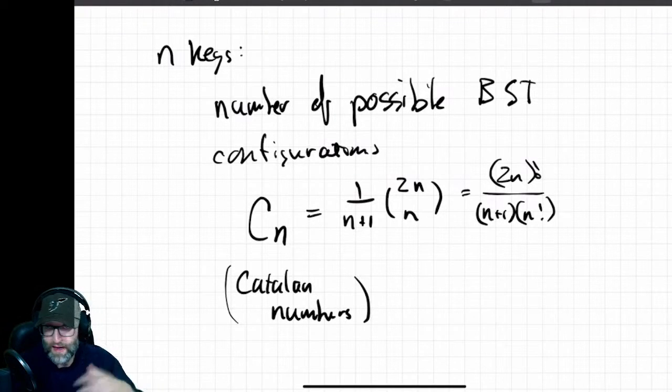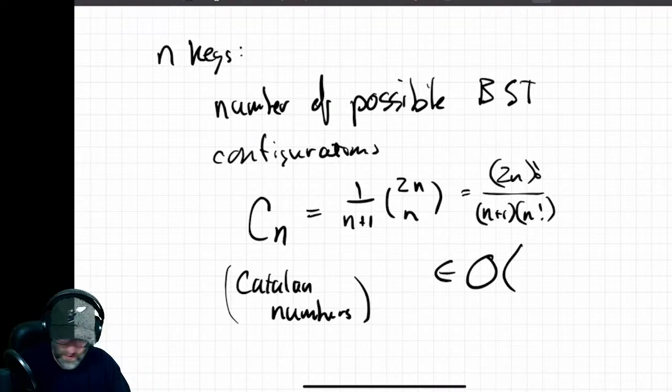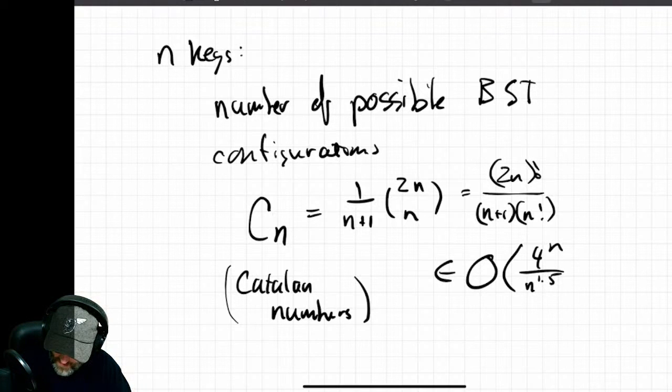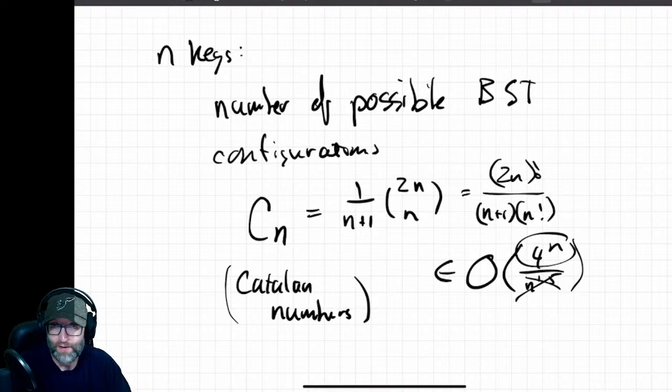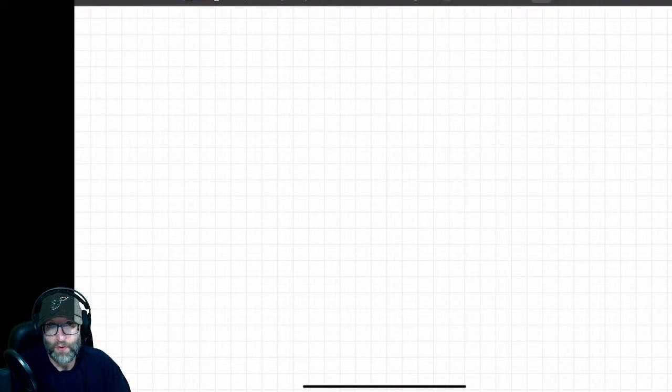When you start canceling these things out, you will still have 2n minus 1, 2n minus 2, all multiplied together. It's huge. In fact, you can show that this is going to be order 4 to the n, I think using Stirling's formula or something like that, with some polynomial factor under here. Who cares? Exponential.